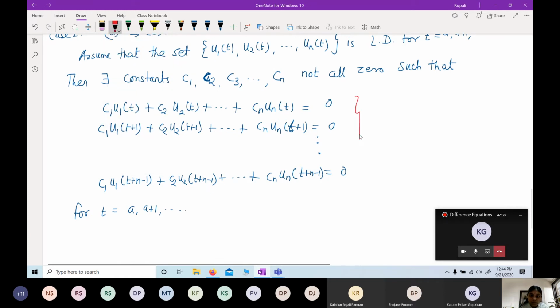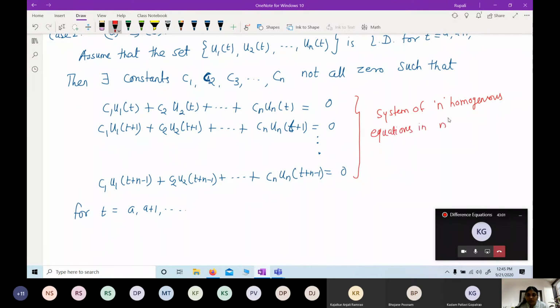This system is nothing but a system of n homogeneous equations in n unknowns, right?